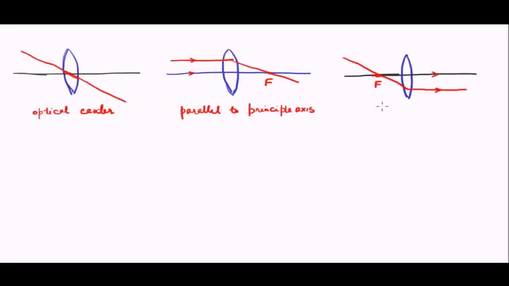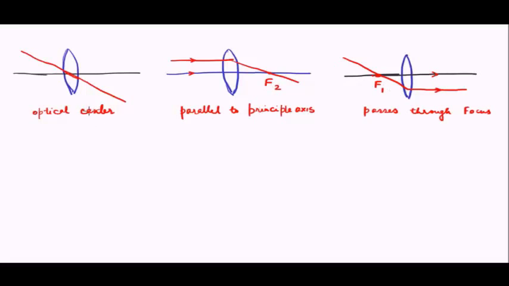This is when it passes through the focus. A point to note here is that this is F2, that is the second focal point, and this is F1, the first focal point.